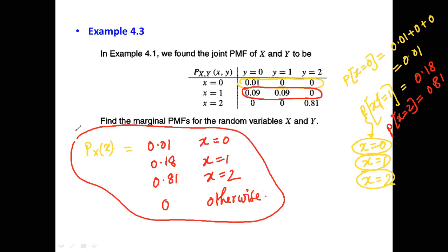And as we are finding it from the joint PMF, that is called marginal PMF. Is it clear? Yes, sir. Okay. So this marginal PMF actually is the idea that we are finding from the joint PMF. So if we have the joint PMF, we can find out the marginal PMF as well.